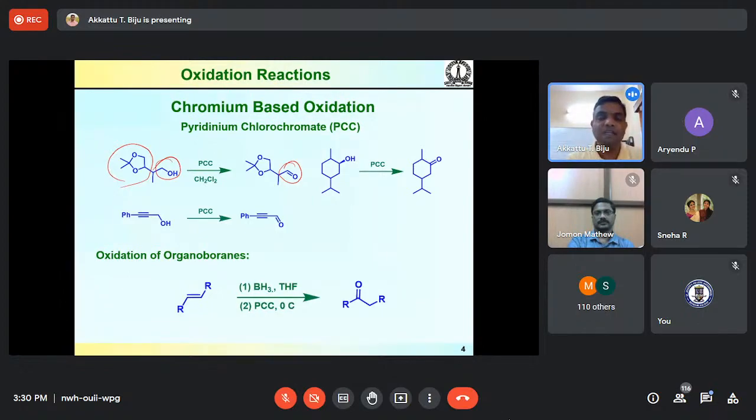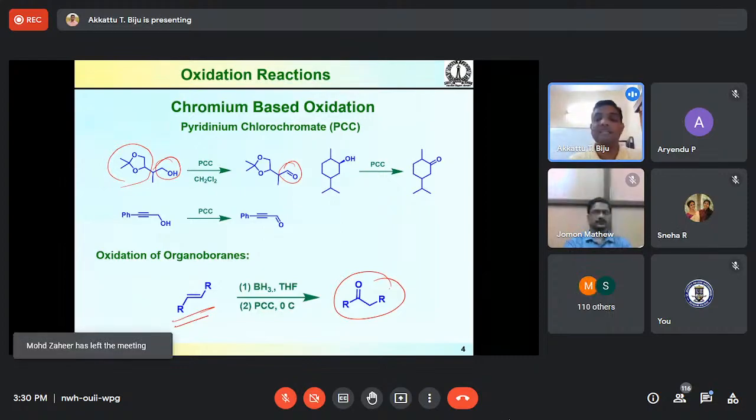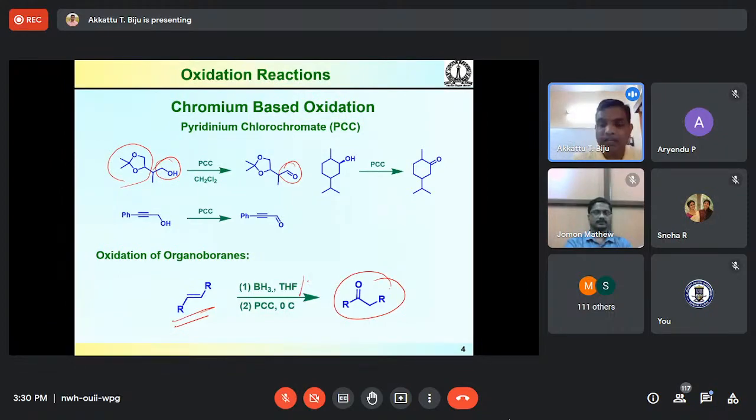If we look at a simple olefin, it can be converted into a ketone with the combination of a borane reagent and PCC. We have seen yesterday the hydroboration reaction and oxidation reaction, right?